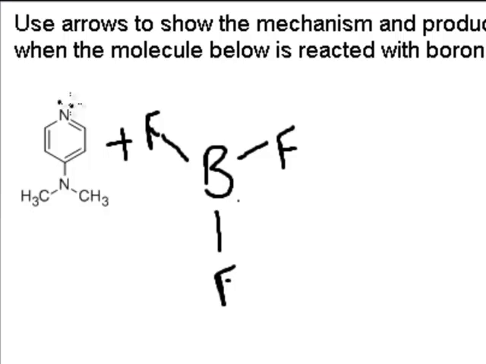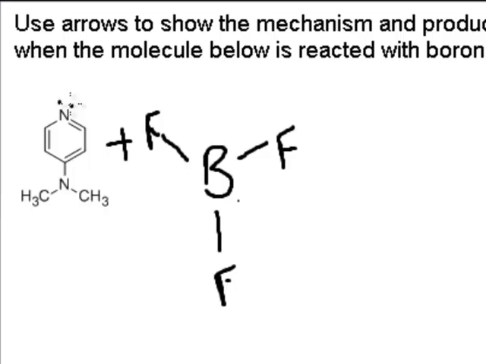Nitrogen is small, and it's not exceptionally electronegative, so it has a reasonable desire to donate those electrons to other more electron-poor areas. If you look at this reaction, you've got nitrogen, which is electron-rich, and boron, which is electron-poor.